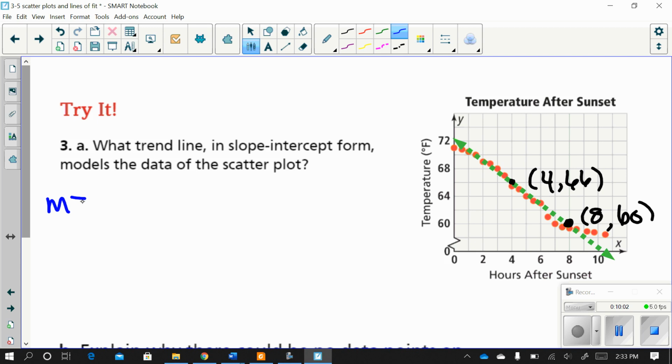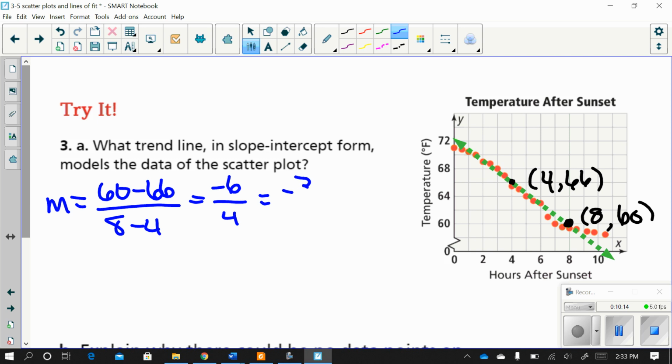Okay, so first thing we have to do is find m. So y2 minus y1. So 60 minus 66 over 8 minus 4 is equal to negative 6 over 4, which is equal to negative 3/2. Okay, pick a point you like better. It doesn't really matter. So y equals mx plus b. I'll use this point.